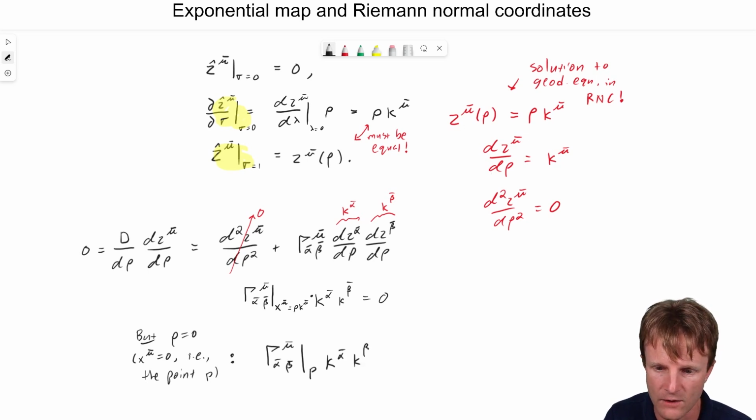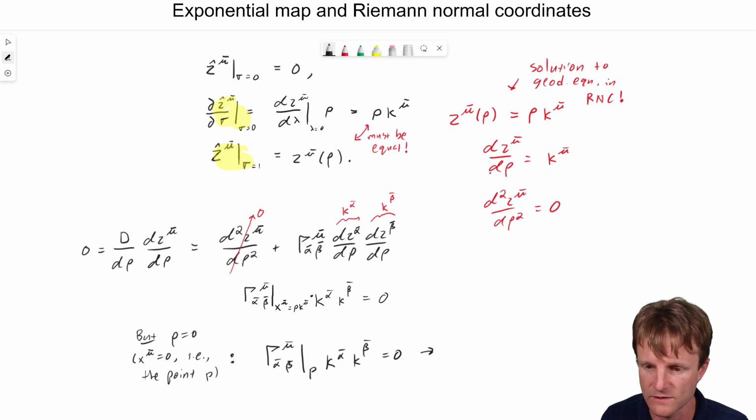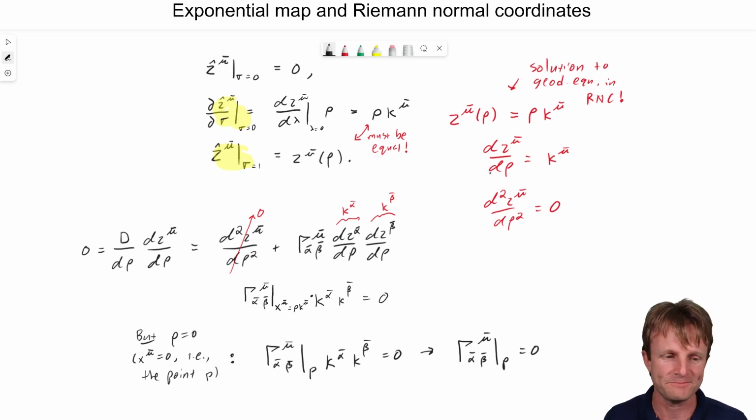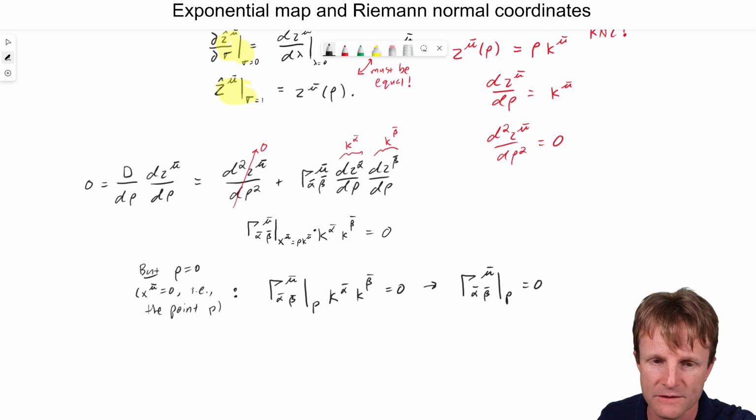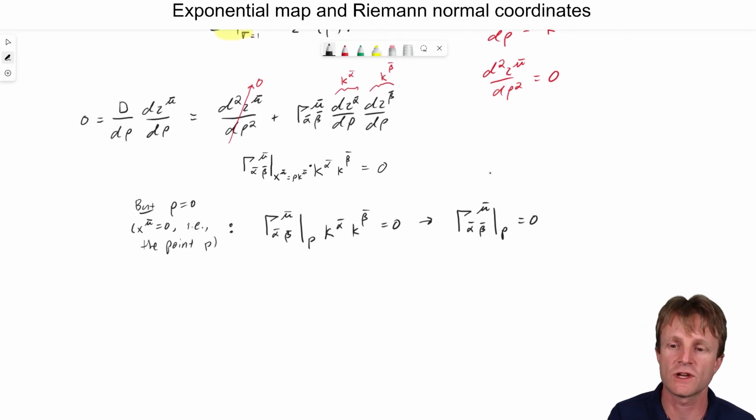And so now I can conclude that indeed, because k can be anything and the Christoffel symbol is symmetric in the lower two indices, it must be that for this to be true for all those k's, the Christoffel symbol itself vanishes at the point P.